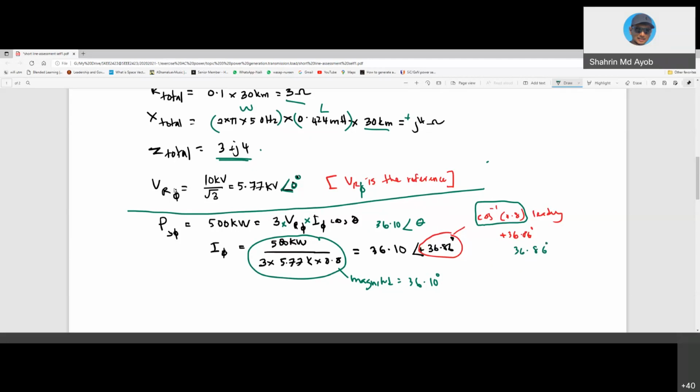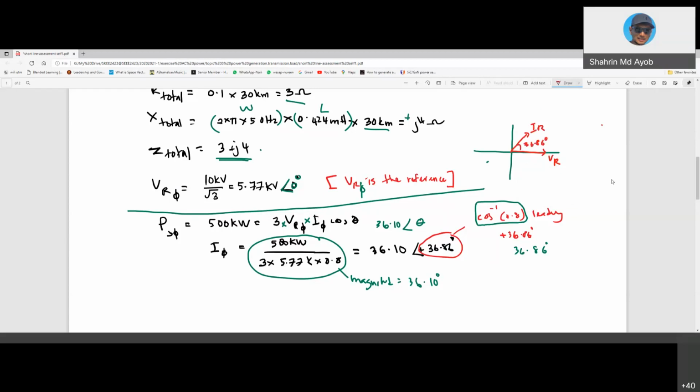What if you do not understand? Let's try to draw this phasor. You know that VR is our reference, so this is my VR. Since the question said the power factor is 0.8 leading, the current IR is leading the voltage by the power factor angle, 36.86.